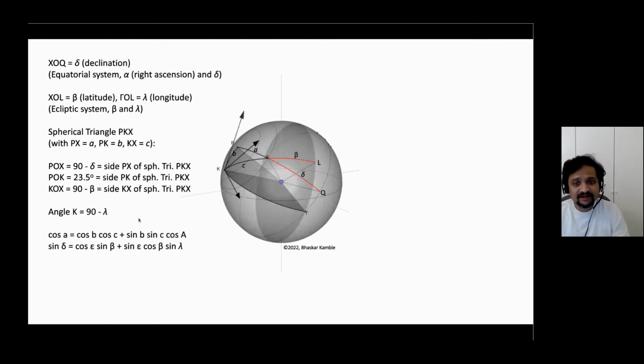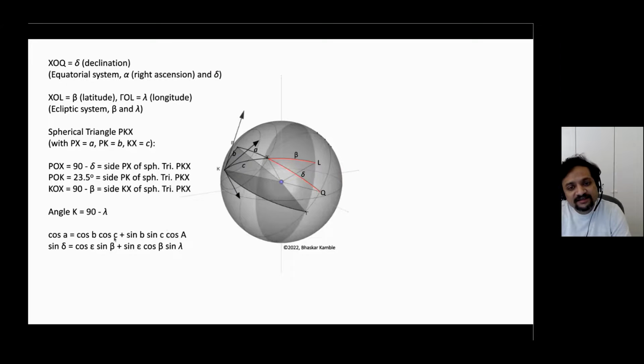And now we can start applying the cosine formula to this spherical triangle. The cosine formula is given by this, and the side A, as we saw, was 90 minus delta. So cosine of 90 minus delta becomes sine delta. Angle B, KOP or POK, is approximately 23.5 degrees, which we call epsilon. So cos B is cos epsilon.